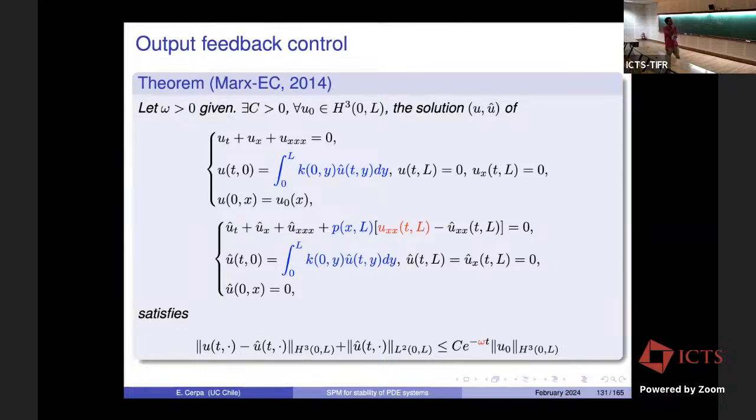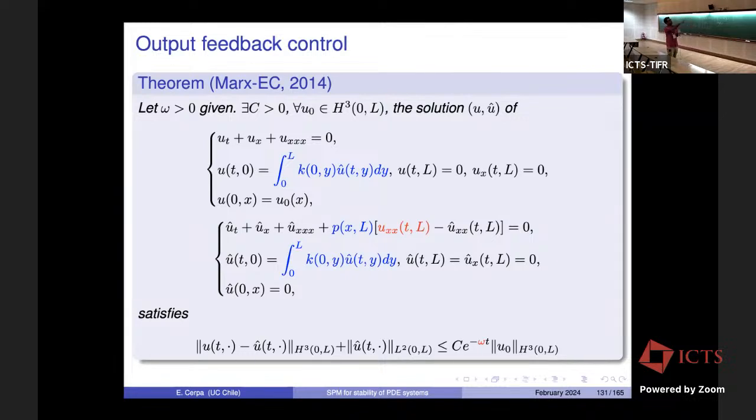Yeah, that's for sure. For U hat, L2 is going to be fine, because when you are in H3, this trace is a continuous function. So for U hat, you don't have this regularity issue. But due to the triangle inequality, if U minus U hat is in H3 and U is in H3, there is something strange, no?